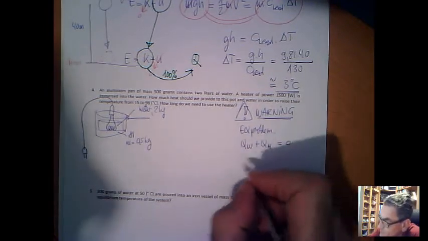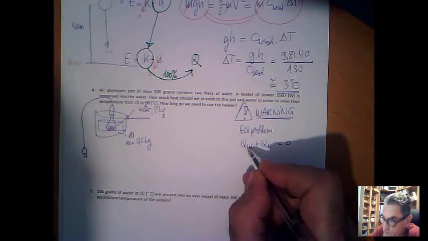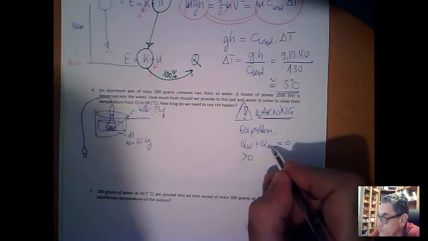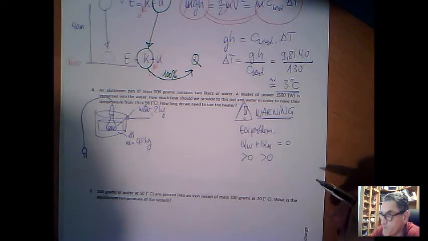The Q of the water, since the final temperature is higher than the initial temperature, is going to be positive, and the Q of the aluminium is also going to be positive.